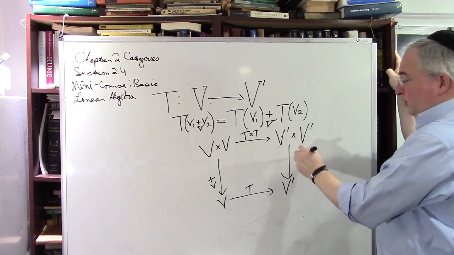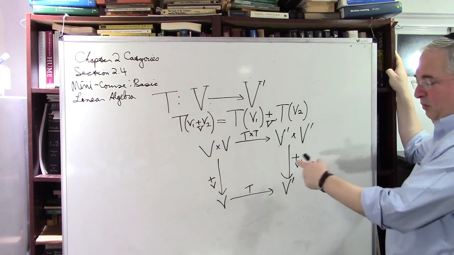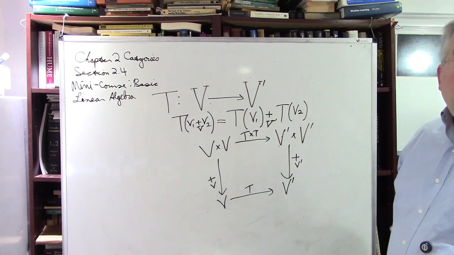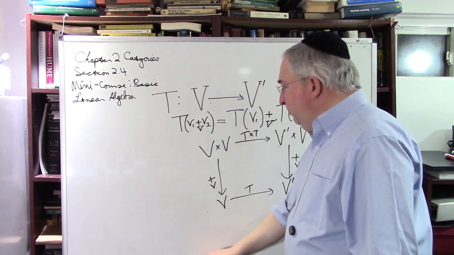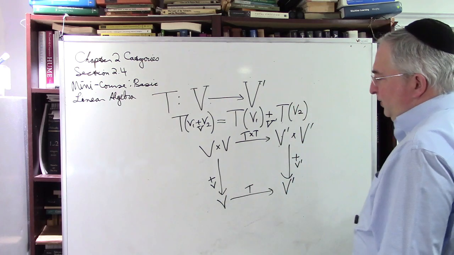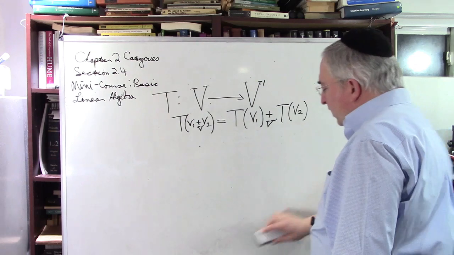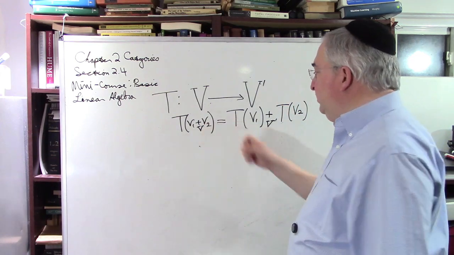This is the plus in V prime. We want this to commute. We saw this before when we talked about monoid homomorphisms, or algebra homomorphisms, or group homomorphisms. Okay, that's one requirement that we have. One operation is that they should respect the plus.